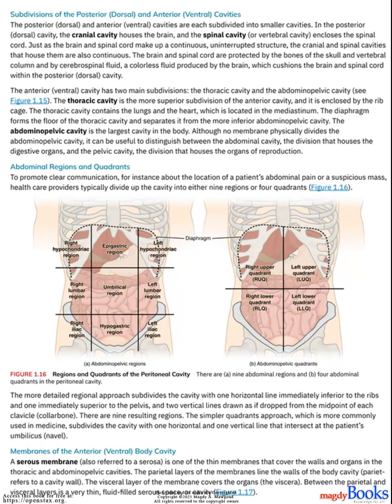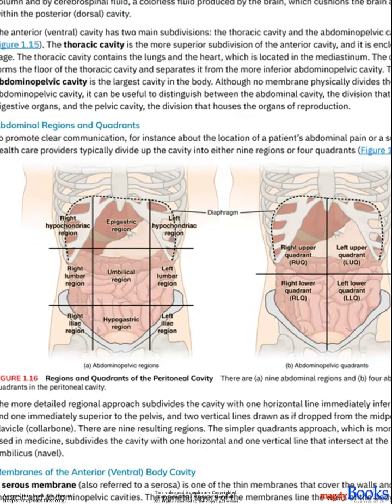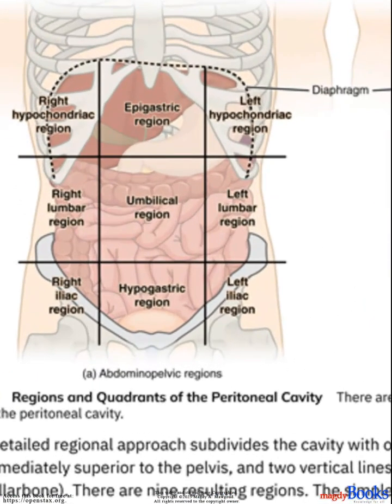Figure 1.16. Regions and quadrants of the peritoneal cavity. There are A. 9 abdominal regions and B. 4 abdominal quadrants in the peritoneal cavity. A. Abdominopelvic regions. Right hypochondriac region. Right lumbar region. Right iliac region. Epigastric region. Umbilical region.